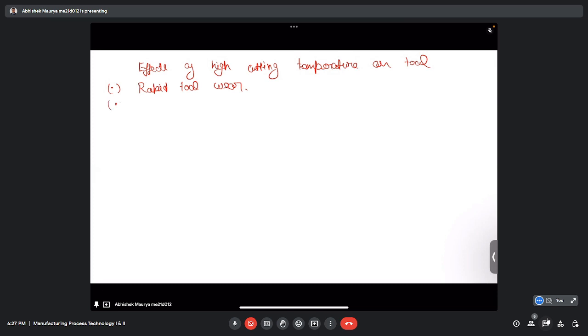Secondly, if temperature rises too high and our tool doesn't have very good hot hardness, then what will happen? Its cutting edges get plastically deformed and our tool will become blunt. What will happen if our tool becomes blunt?